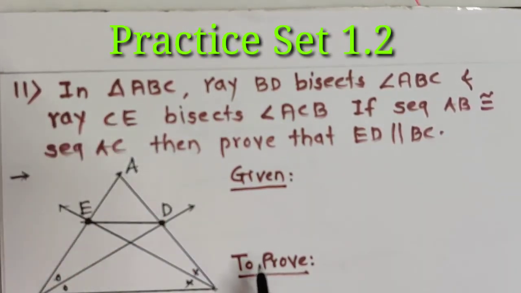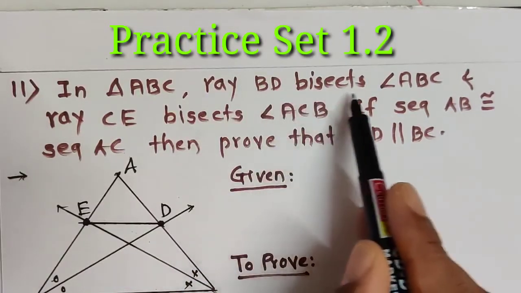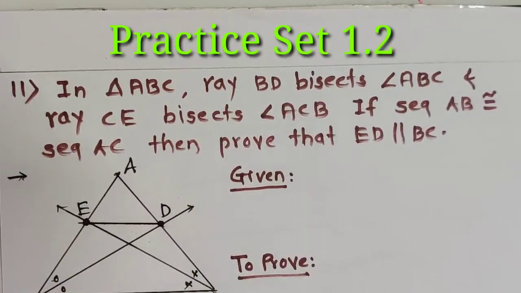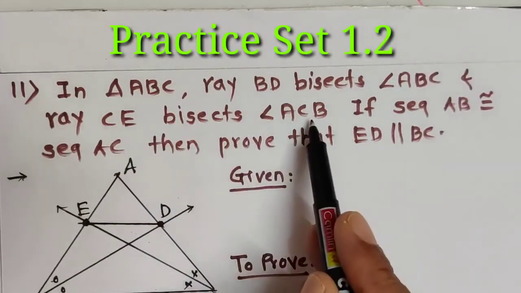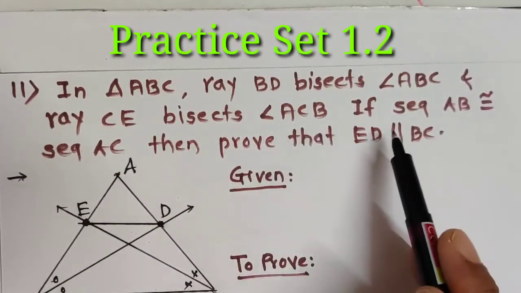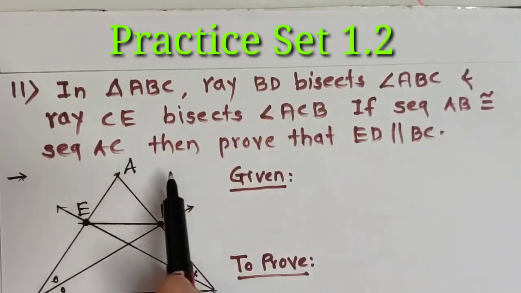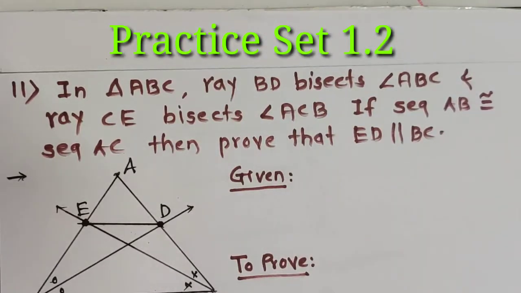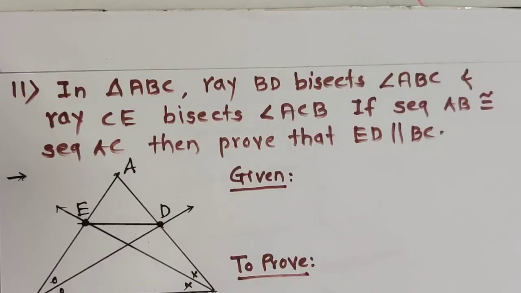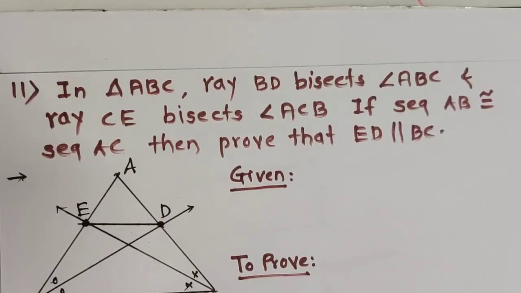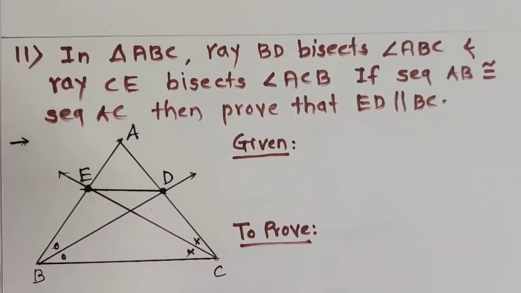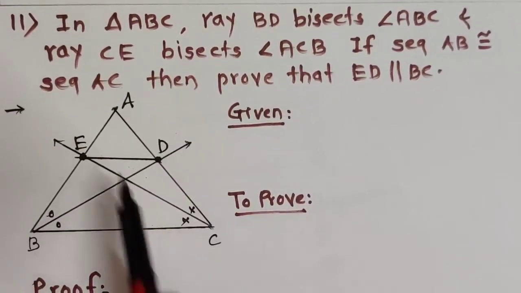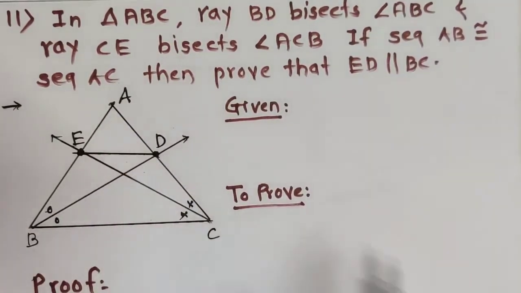In triangle ABC, ray BD bisects angle ABC and ray CE bisects angle ACB. If AB is congruent to AC, then prove that ED is parallel to BC. So in such sums, first we have to draw the figure. So here we have drawn the figure, triangle ABC.